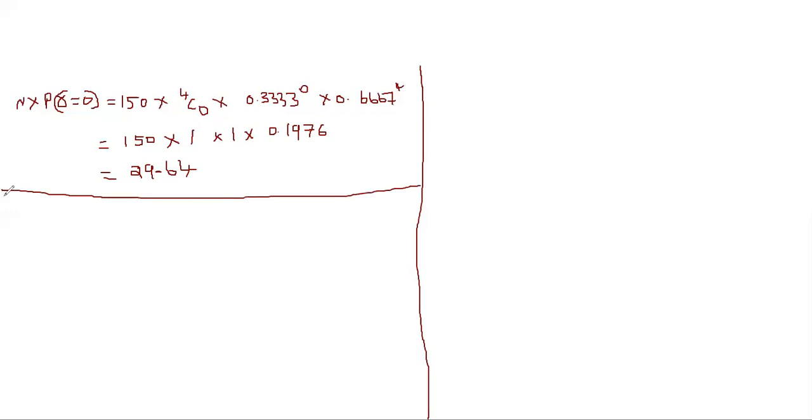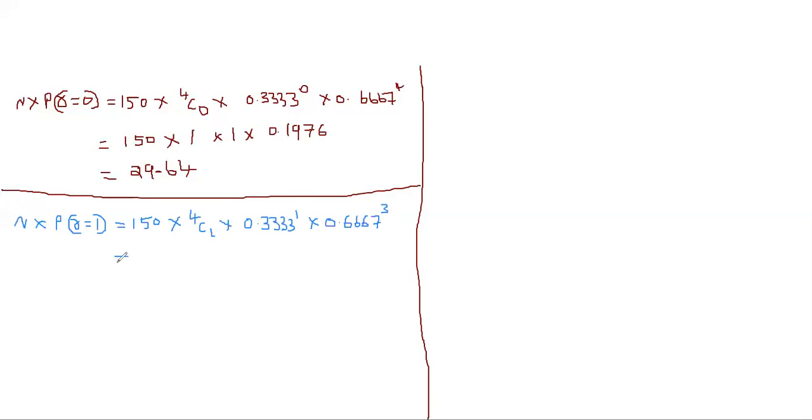Let me change the color. So next one, N into P of r is equal to 1, is equal to 150 into 4C1 into 0.3333 raised to the power of 1 into 0.6667 raised to the power of 4 minus 1, how much will you get? 3.